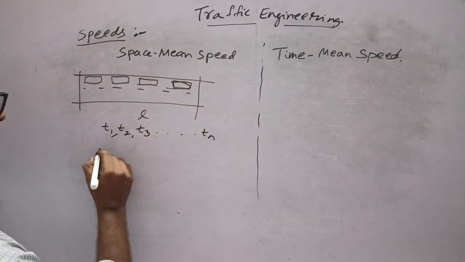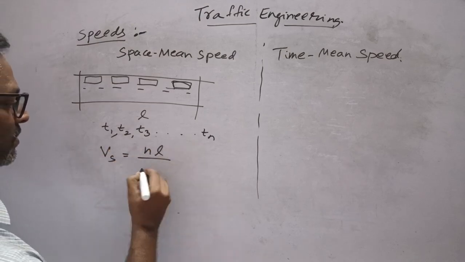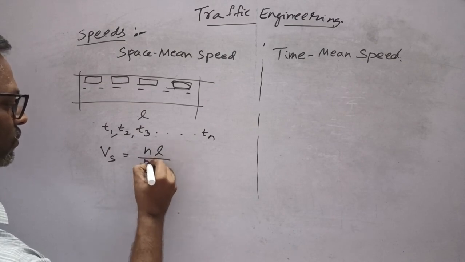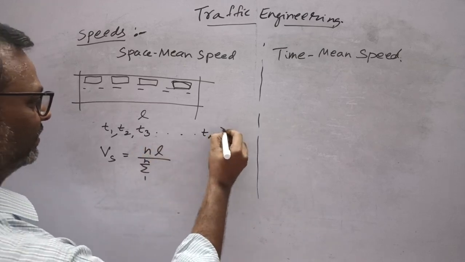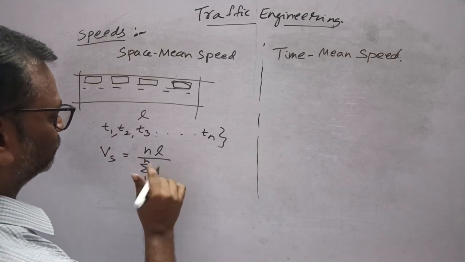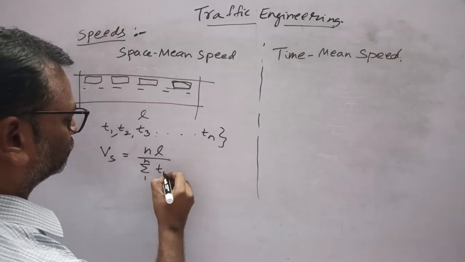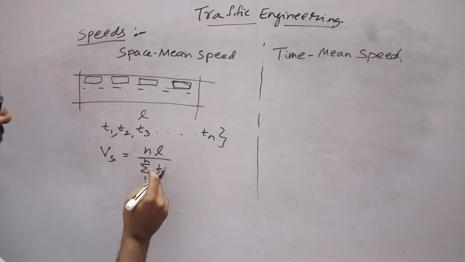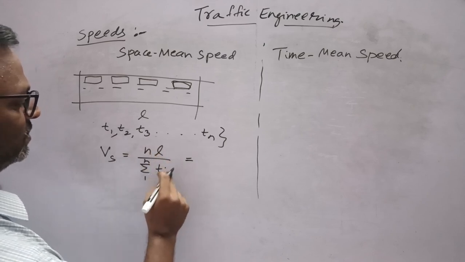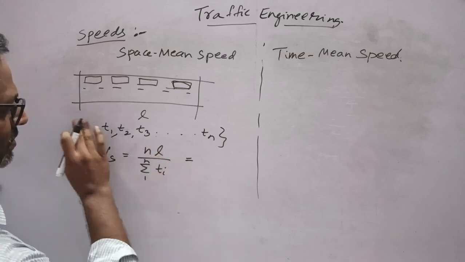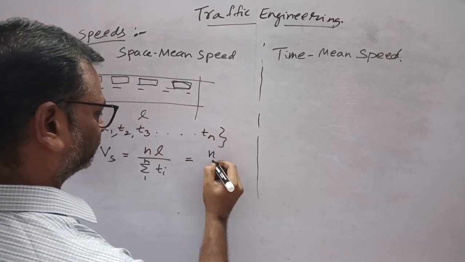Then space mean speed, Vs, can be written as nL by sigma Ti, from 1 to n. Now we are taking average. If you see n vehicles, L is the distance, and sigma Ti is the sum of all the times. Now I'll write it like this.